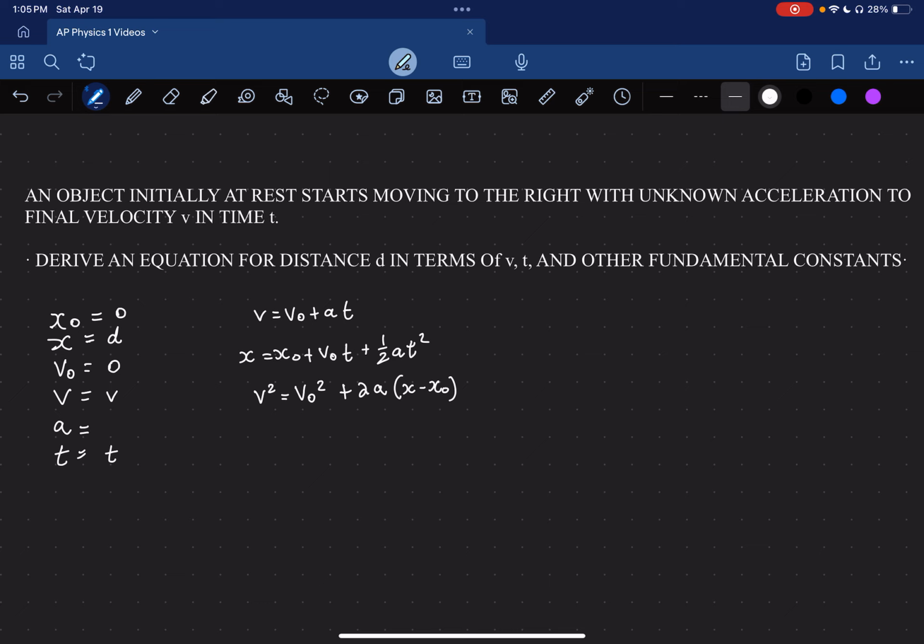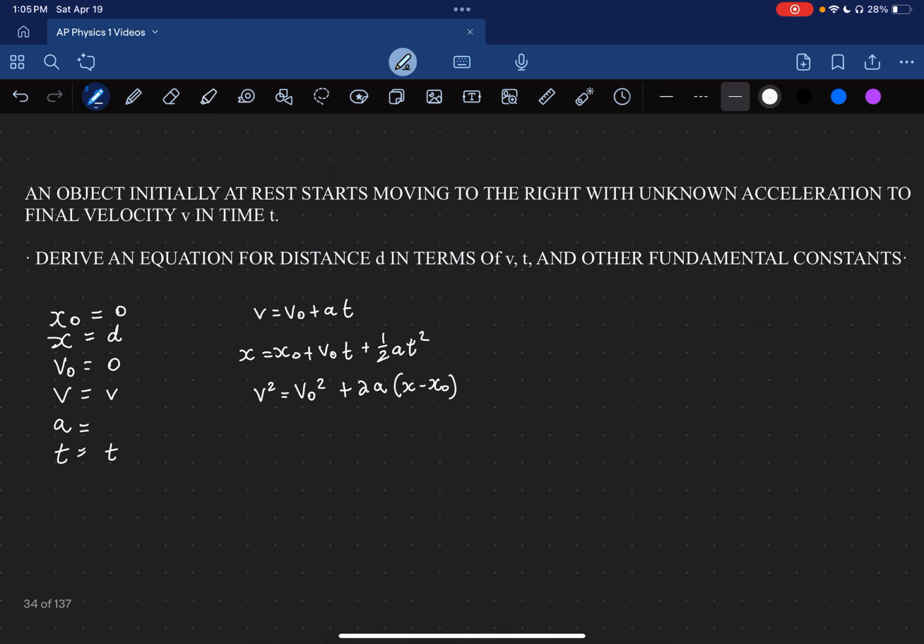I know it says unknown, but we can figure out a in terms of v, t and constants. And the simplest equation we can try is the first one. Can we figure out what a is in terms of v and t and constants?